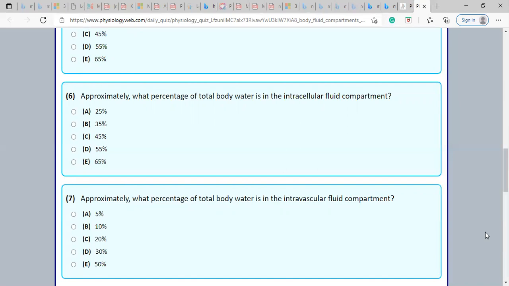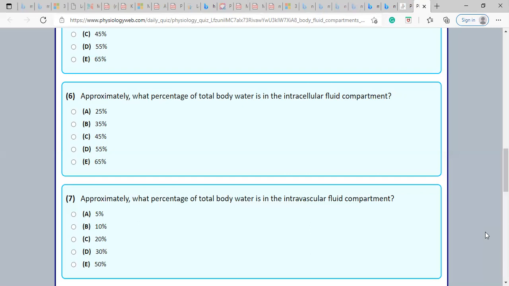Okay, so let's see how you got 5%, because the volume of plasma was 3 liters. Was it 3 liters you got? 3.5 liters. It's supposed to be 3 liters. And so 3 liters is 5% of 42, that's what you're saying, because total body water is 42 liters.